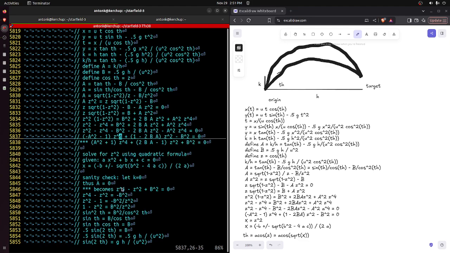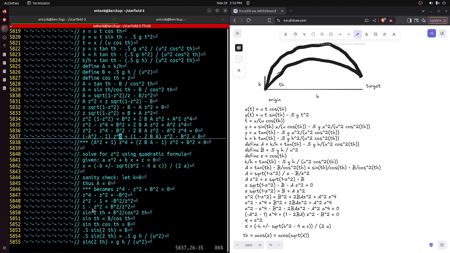So this equation becomes z to the fourth minus z to the squared plus b squared. And if you rearrange those, okay, so you move this guy to this side, and then you divide everything by z squared, and this becomes 1 minus z squared equals b squared divided by z squared.